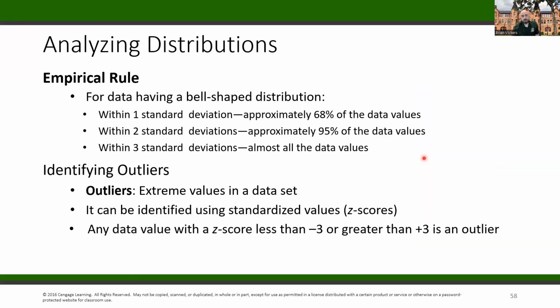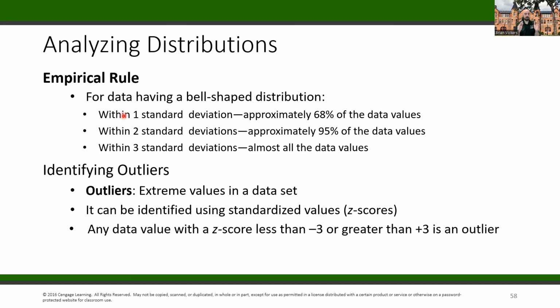There's a rule in statistics and distributions, they call it the empirical rule, and basically if the data follows a bell-shaped curve where it goes up and then back down, once you figure out the standard deviation, about 68% of all the values will be within one standard deviation, either direction, positive or negative. 2 standard deviations should contain approximately 95% of all the values.